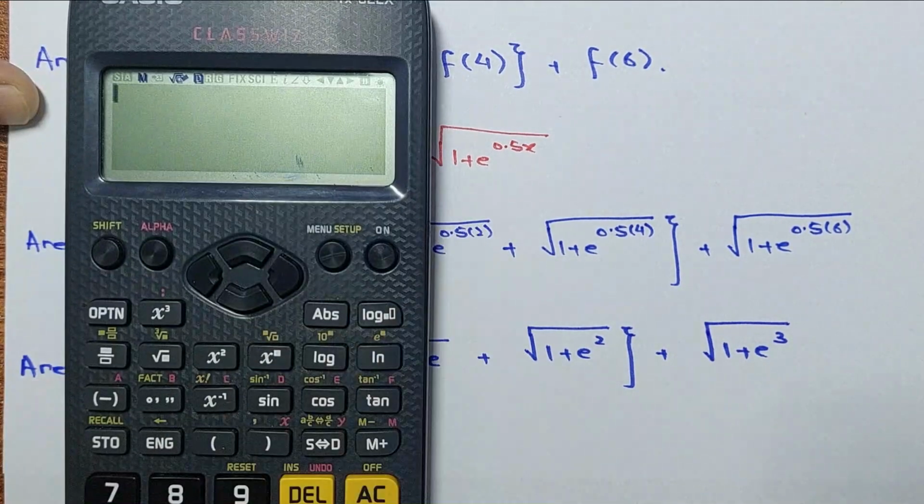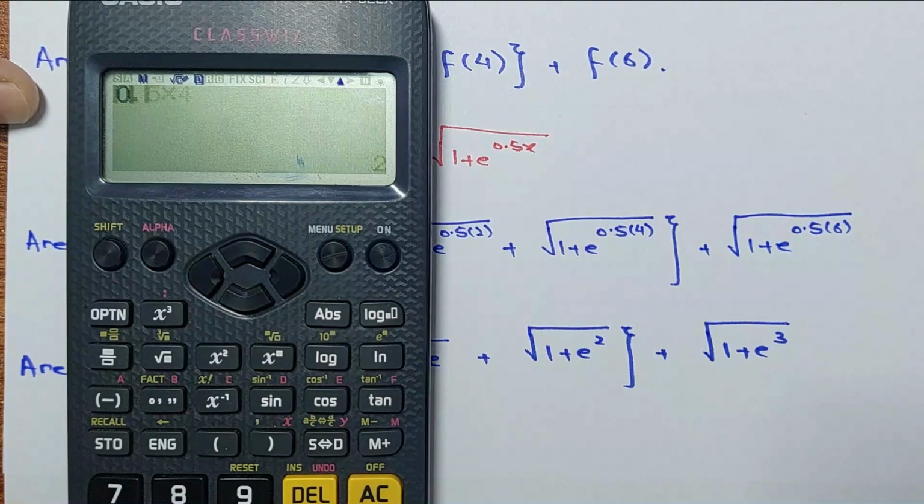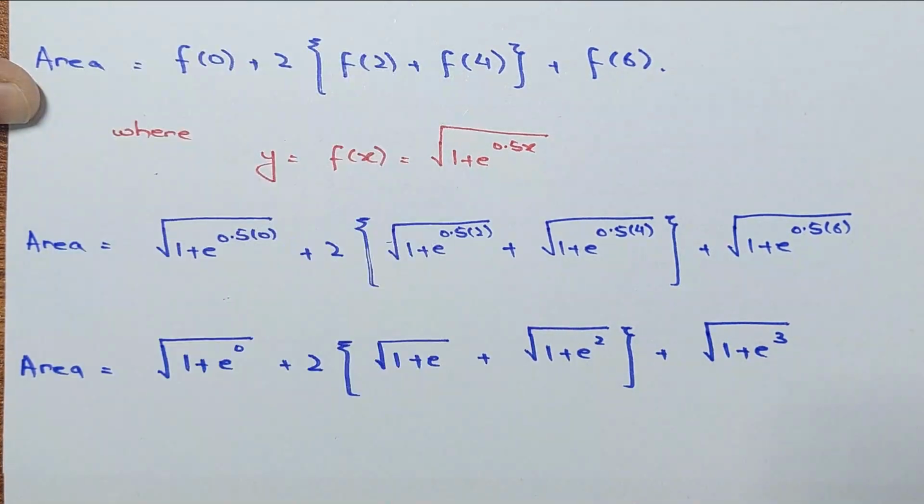Let me show you. 0.5 times 2 is 1, times 3, 0.5 times 4 is 2, 0.5 times 6 is 3.